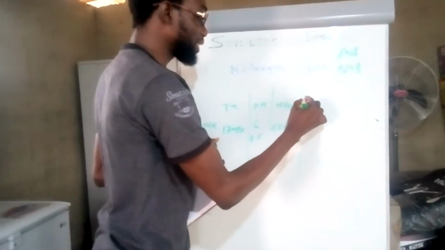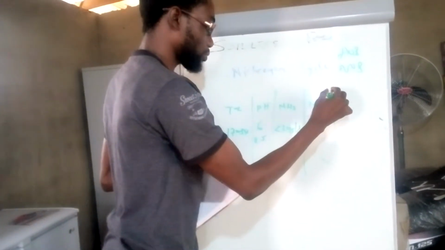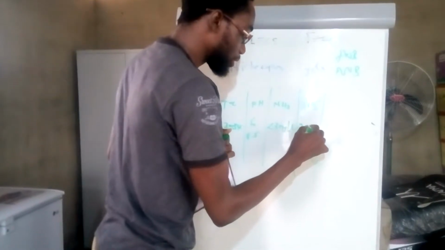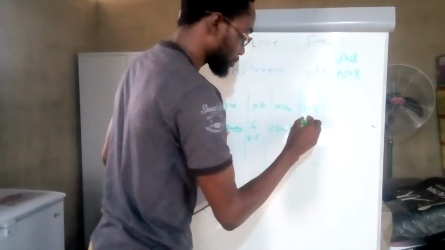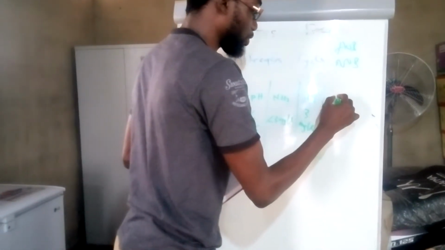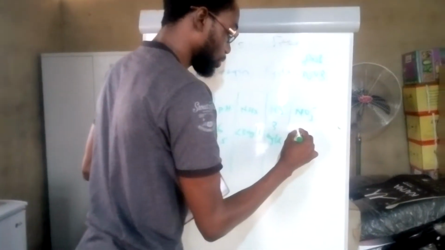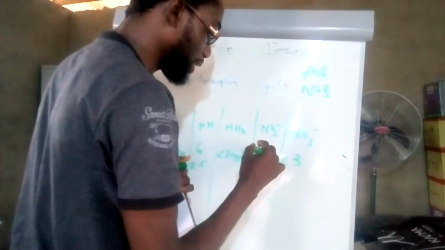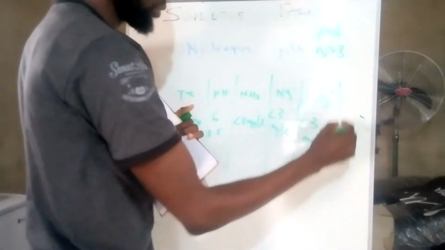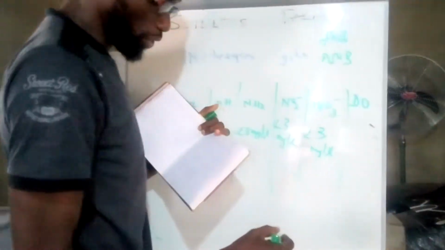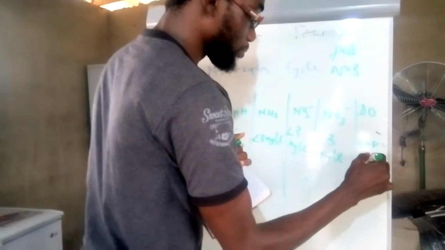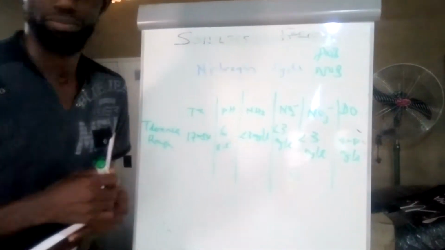Then for your nitrate level, the same meter will give you all these parameters, also below 3 milligrams per liter. Then for your nitrite level, also it should be below 3 milligrams per liter. Then the level of dissolved oxygen should be between 4 to 8 milligrams per liter.